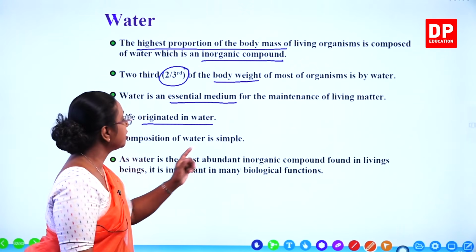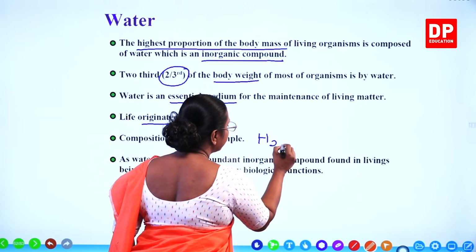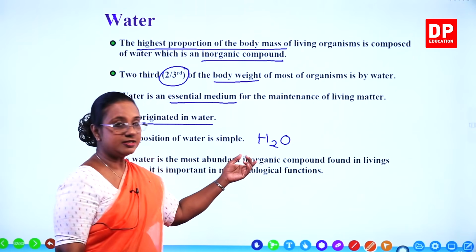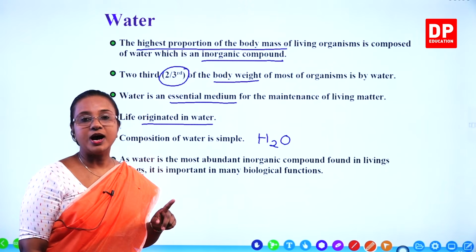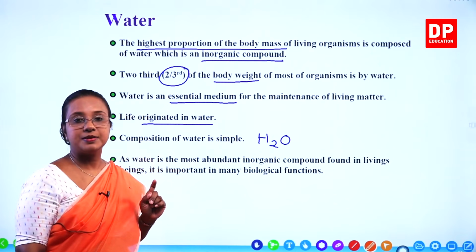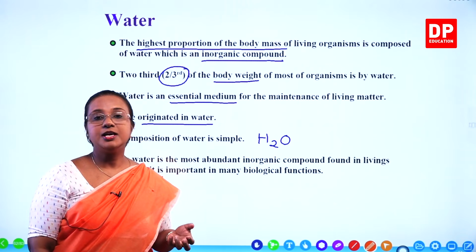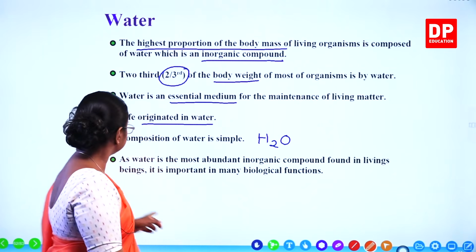And the composition of water is very simple. If we write the molecular formula, you know it, H2O, 2 hydrogen atoms and 1 oxygen atom. So, it is a very simple composition. The chemical formula is also very simple and very easy to remember.